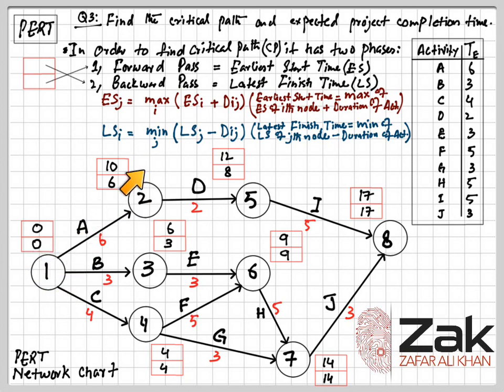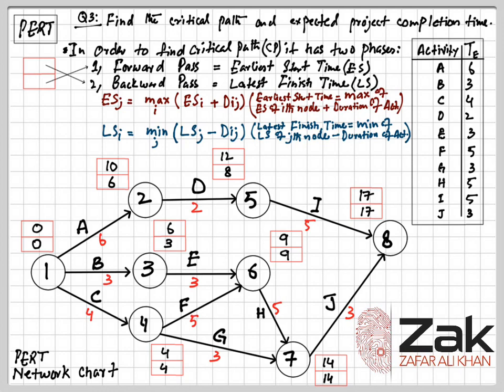The first option is 10 minus 6, 4. The second one is 6 minus 3, 3, and the third one is 4 minus 4. So out of these three options, we have to take the minimum. So minimum is 4 minus 4, 0. So that is the latest finish time for the node 0.